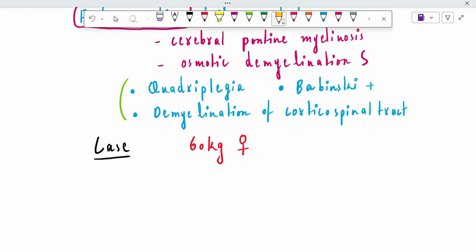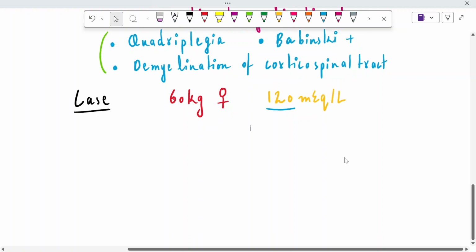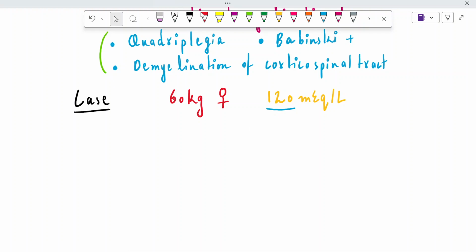When we checked her blood sodium level, it came out to be only 120 milliequivalents per liter, and she was brought to hospital because she collapsed during a marathon, and she also has episodes of seizures, because I have told you that low sodium below 125 can lead to seizures. It can lead to cerebral edema, right, due to fluid shift across the brain. A 60 kg female has hyponatremia.